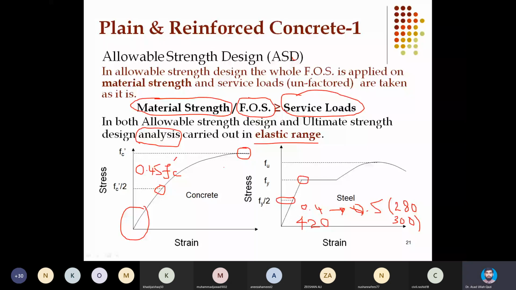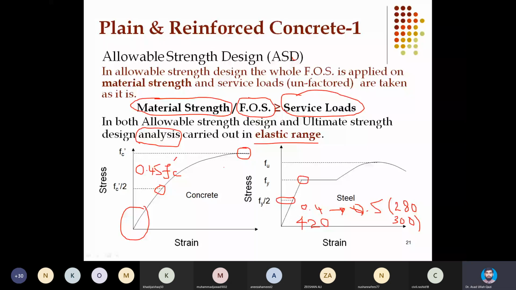Concrete will be nearly non-linear when you will approach 45% FC prime, but still non-linearity will not be too obvious, and it will almost be on the linear branch in the stress strain relationship, although the curvature will begin right in the beginning, but not that big as it will be beyond 50% of FC prime. But whether it is the allowable stress design or ultimate strength design, our analysis carried out will be elastic analysis.